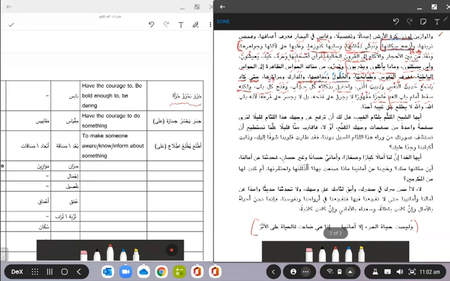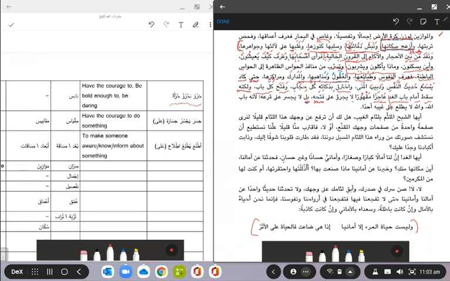Fath here is opening, or to open it. بل rather لا يجسر. Very similar meaning. جسر يجسر and جرؤ يجرؤ mean to have the courage to do something, right? Sometimes they don't like using the same verb. So if there's another synonymous verb, the good authors use that.